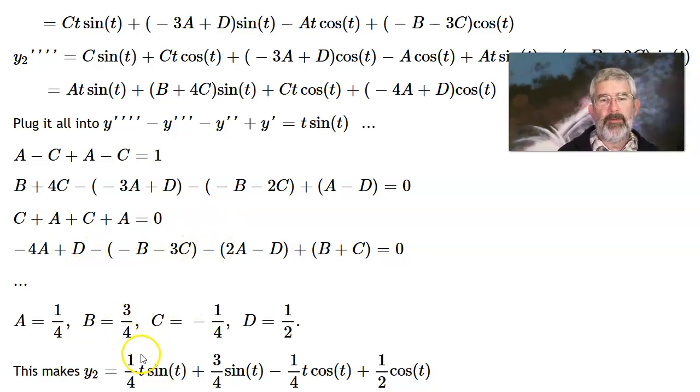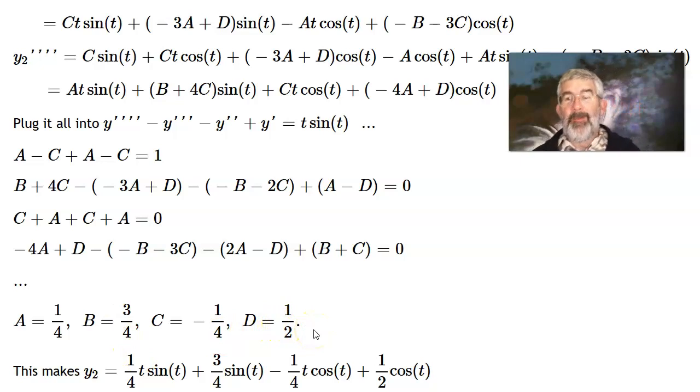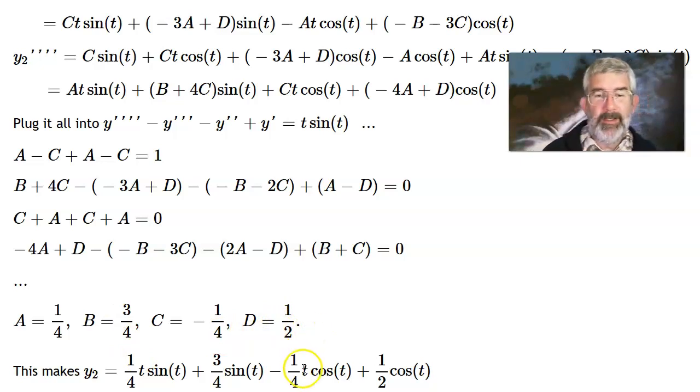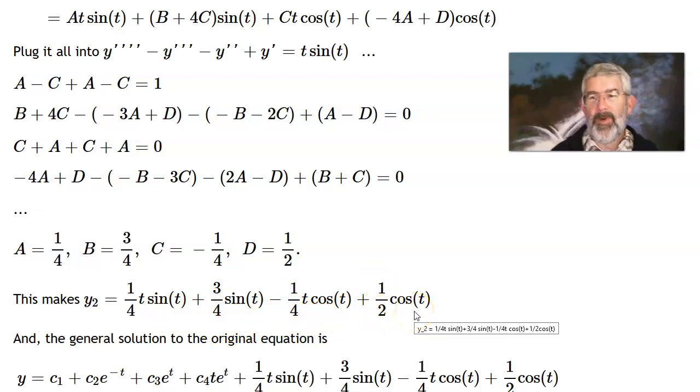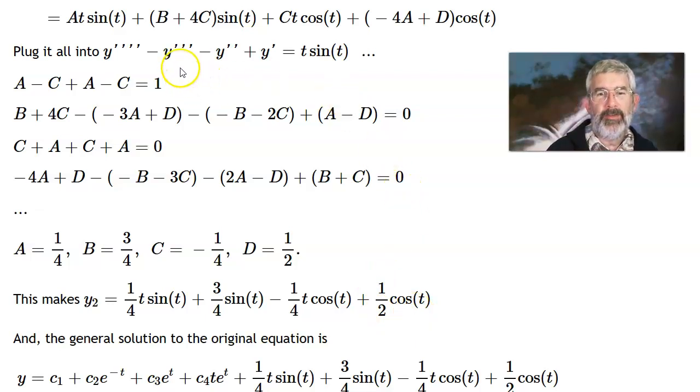And it turns out b is 3/4 and d is 1/2, which makes y2 this right here, 1/4 t sine t plus 3/4 sine t minus 1/4 t cos t plus 1/2 cos t. So that is a particular solution that will solve this differential equation right here.